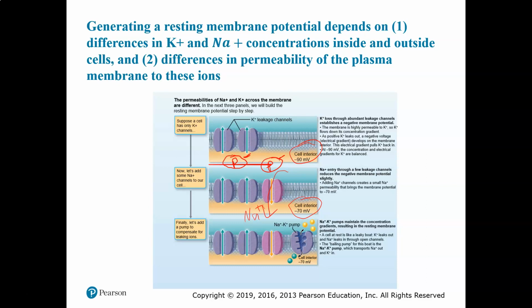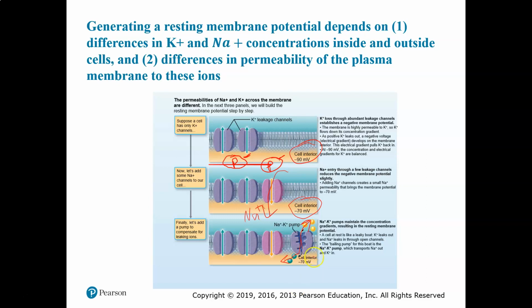Okay? Now let's put the sodium-potassium pump in there. Because there's so much permeability already to potassium, it's just going to pump a little bit of potassium into the cell, just 2 for every 3 sodiums that it pumps out. And that maintains the voltage at -70.